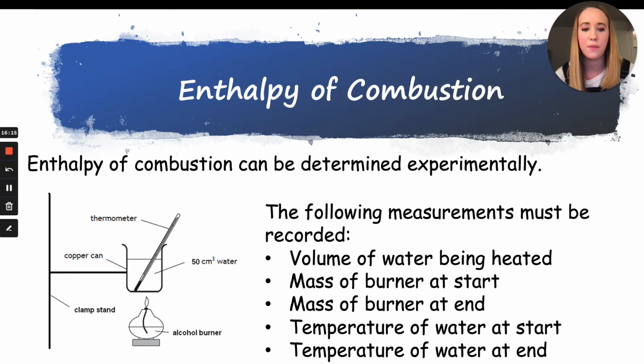So we've got to get the mass of the burner at the start and the end of the experiment. And that's important when we think about working out our value in terms of 1 mole. We didn't have to worry about that in Nat 5, but we do have to do that at Higher. So that's an extra part of our calculation that we'll look at.